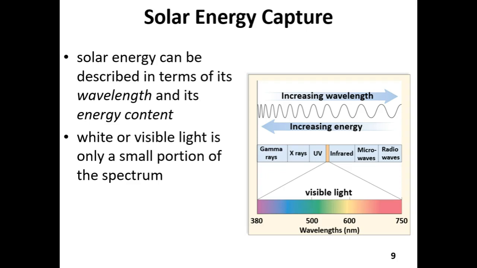So there are a lot of different wavelengths of solar energy. The energy that I'm talking about is the visible light. So here we have this visible light of solar energy, and this is the energy that the plants are going to take in.